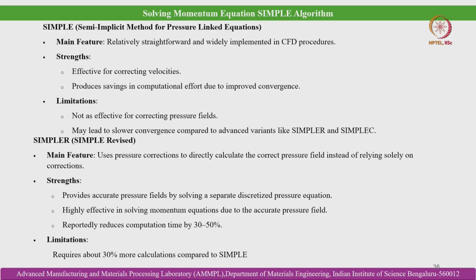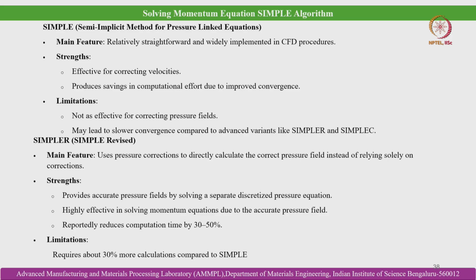And what are the limitations? Limitations are that it is not as effective for correcting pressure fields and may lead to slower convergence compared to advanced variants like simpler and simplex. Coming to simpler, that is simple revised, the main feature is that it uses pressure corrections to directly calculate the correct pressure field, instead of relying solely on corrections.